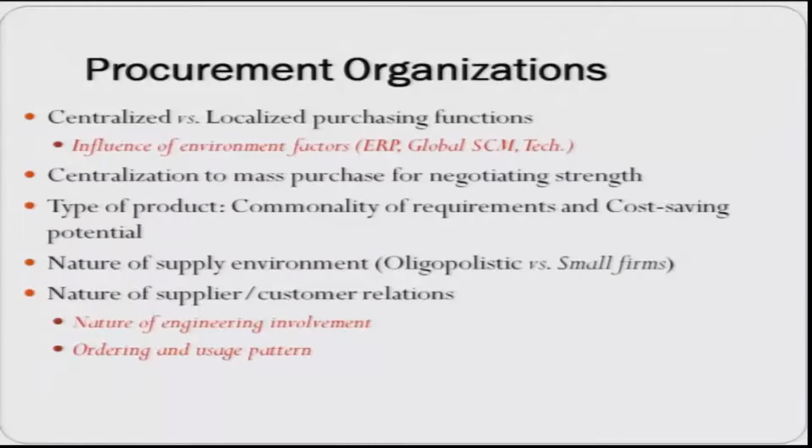So, that is something which is also used as a segmentation criterion in the industrial market, what kind of purchasing organization the buyer has, whether it is centralized or decentralized. Based on that you decide which kind of organizations to target. Obviously, you have to also look into your internal resources.